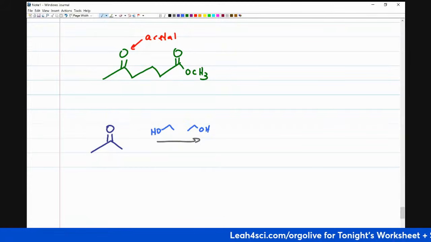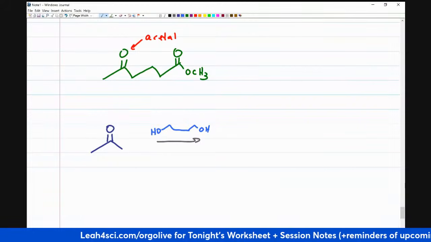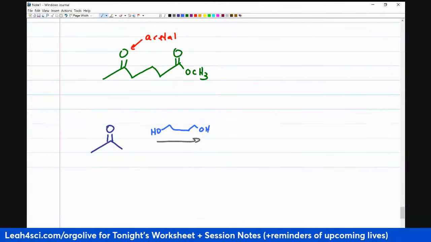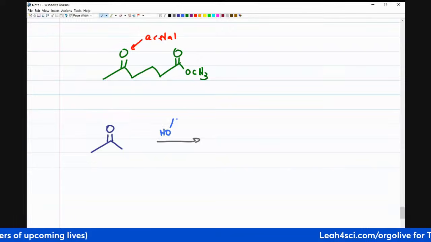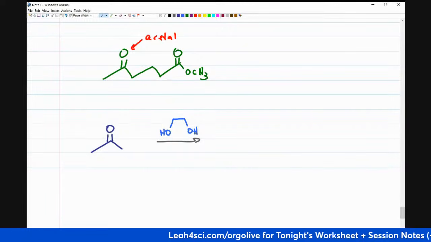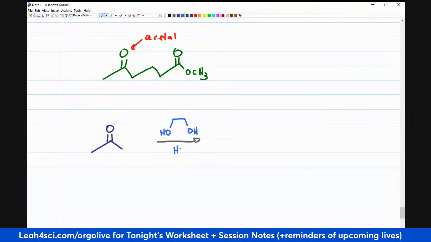Well, what if they happen to be attached to each other? And what if the chain happened to be not that long? So it doesn't have to be two separate alcohols. You can have the same molecule that just happens to have two alcohols on it. And this is the one you're typically going to see. Propylene glycol is a very common protecting group in acid.